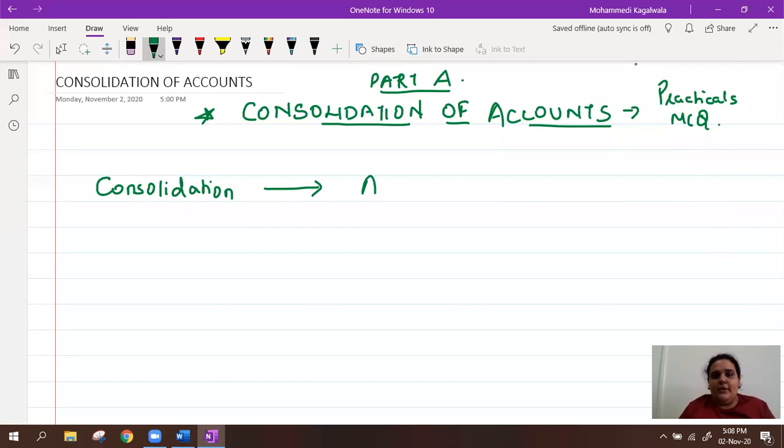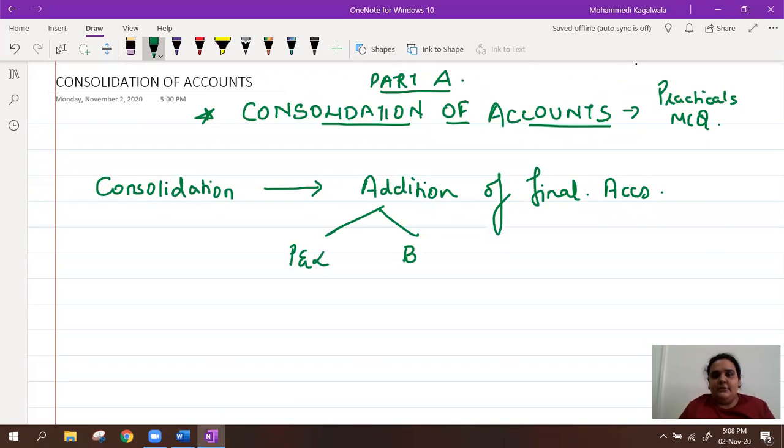So I'm talking about addition of statements, of final accounts. I'm going to add my profit and loss account and my balance sheet and show it in the form of consolidation.